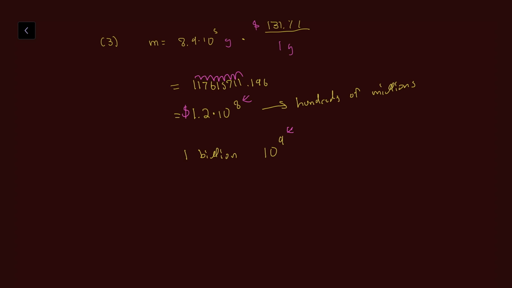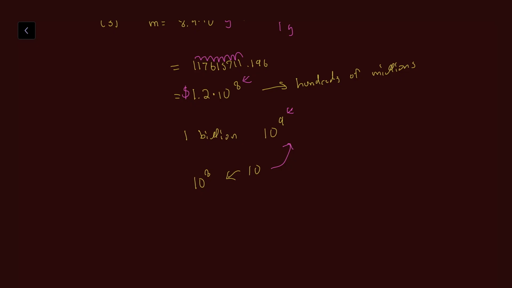But if we were to add any more, we would need to multiply our 10 to the 8 by another 10 in order to get 10 to the 9. So we would need to have 10 times as much gold as we do now in order for it to be like the amount of gold in the example problem. So the answer is no. This is not feasible to carry, and it would not fit in a suitcase.